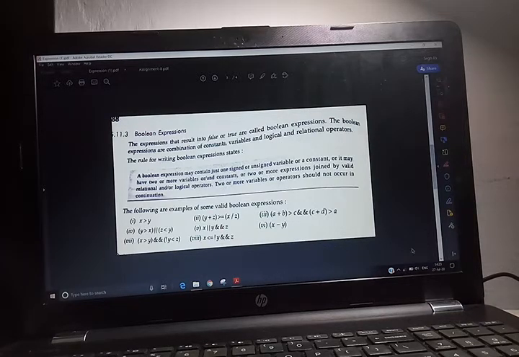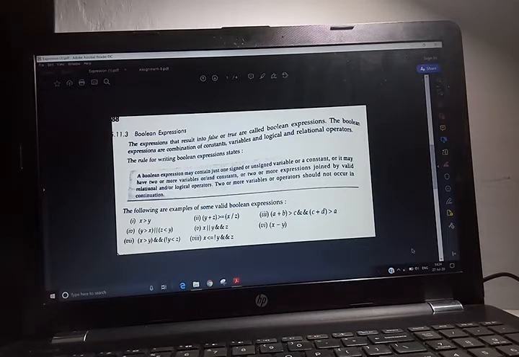Then next is the Boolean expression. What is a Boolean expression? An expression that results in false or true is called Boolean. Boolean expressions are a combination of constants, variables, logical and relational operators.